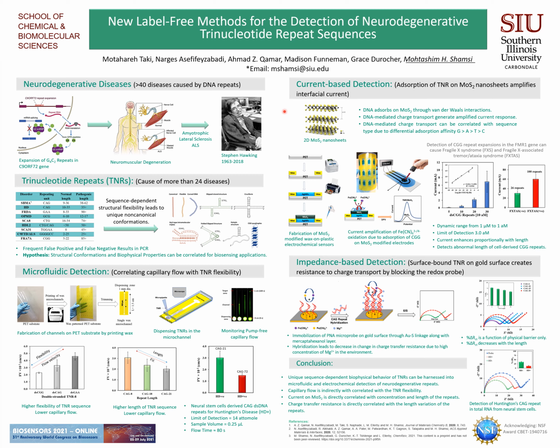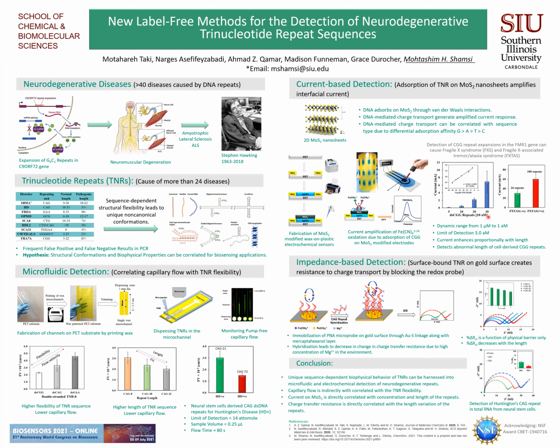The second project here demonstrates that the absorption of Fragile X syndrome causing CGG repeats with 2-dimensional MoS2 nanosheets enhances the interfacial electrochemical current, which enhances with the increase in length of the repeats. So here you can see in this chart that as we increase the length of the repeats, we're also seeing an increase in current.